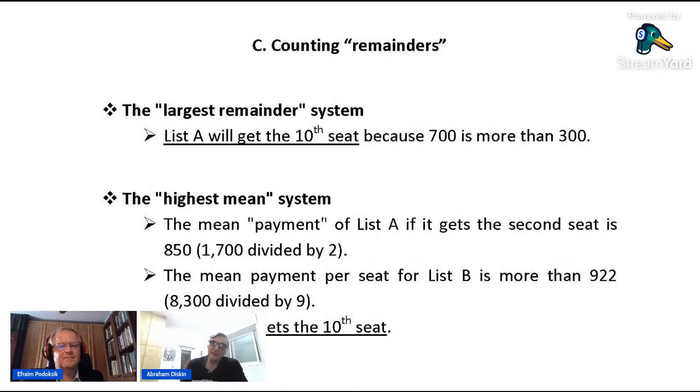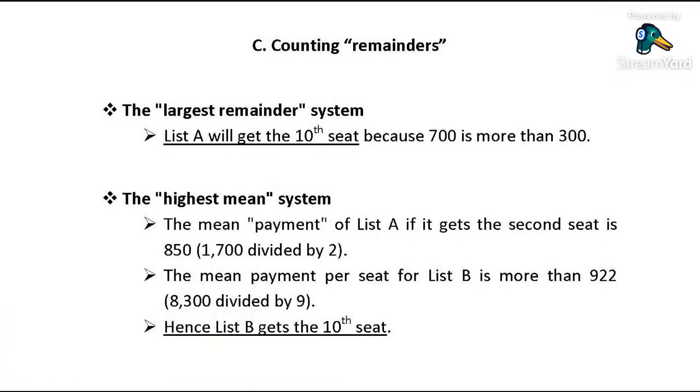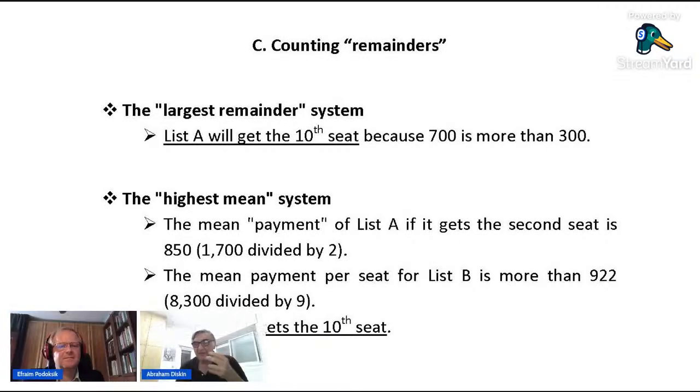The system that we used in Israel, we call it after 2 Israeli experts, but really the system in the world is called after a Belgian scholar by the name of Victor D'Hondt, or after a Swiss scholar with 2 family names, Hagenbach-Bischoff.